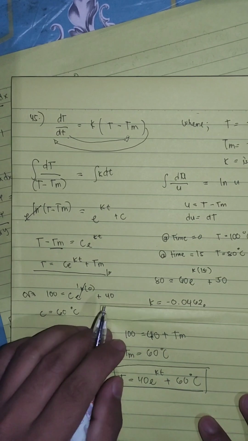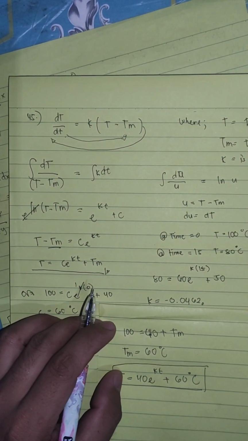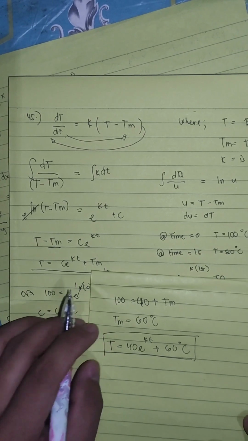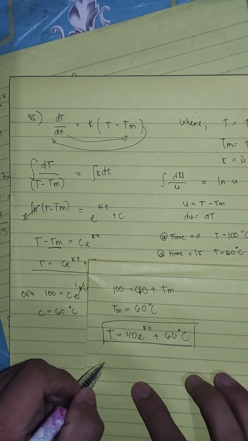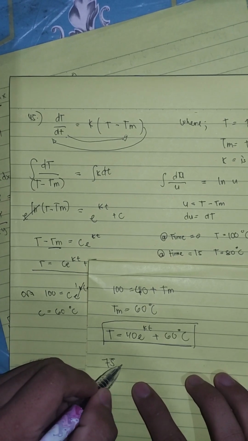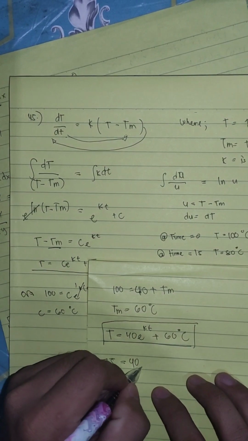So for the follow-up question, when will the temperature of the ball be at 75 degrees? Replace this T with 75 degrees equals 40 e to the k t plus 60 degrees.